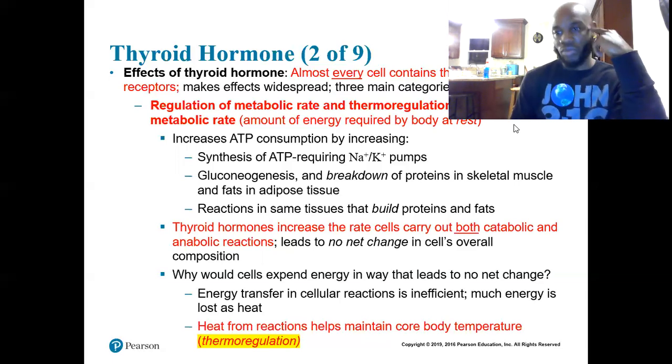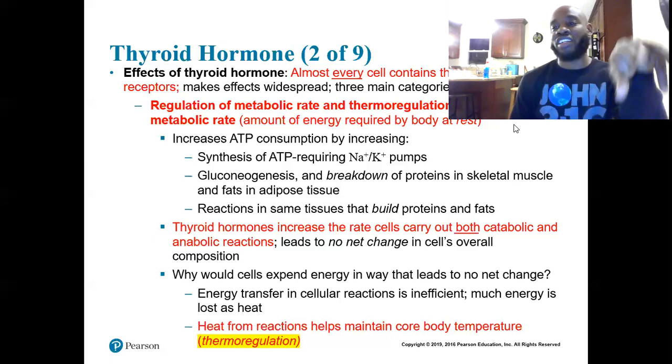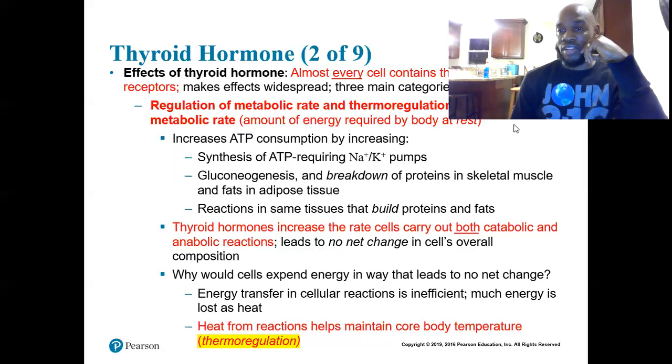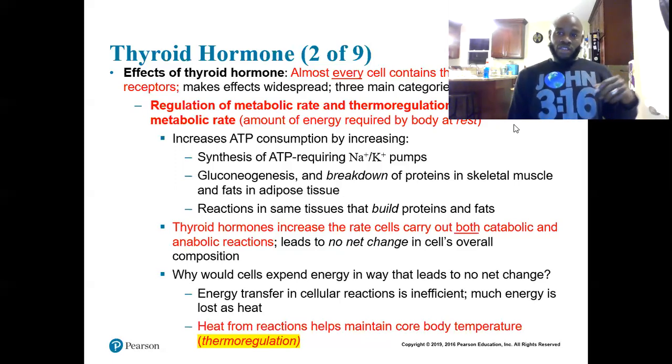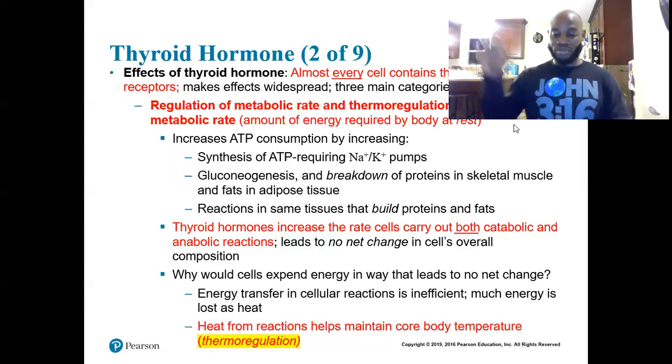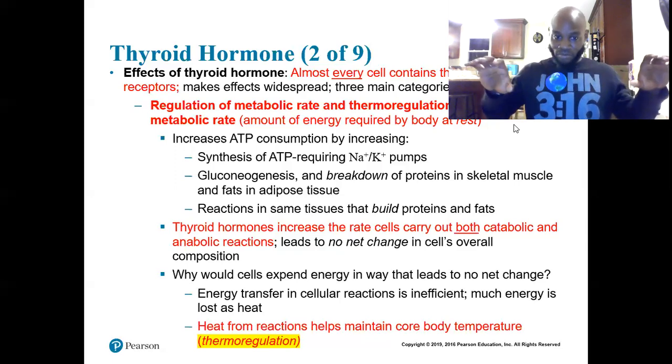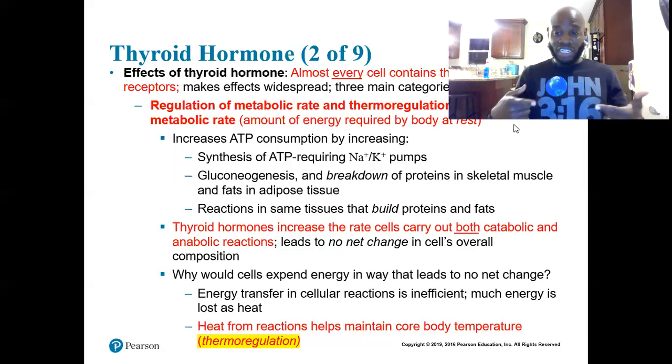A lot of these catabolic and anabolic reactions have a byproduct of heat. So there's heat lost when these reactions happen. There's a lot of energy used, ATP, but also heat lost. So even though we're breaking down and building up, and things are staying the same, we're using ATP, energy, and we have a lot of heat being produced.